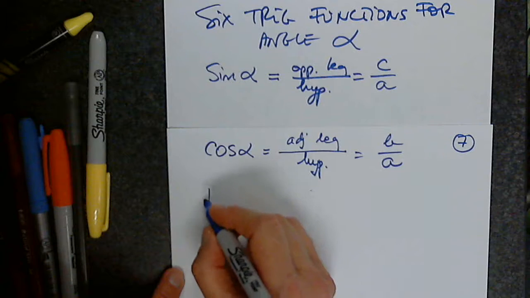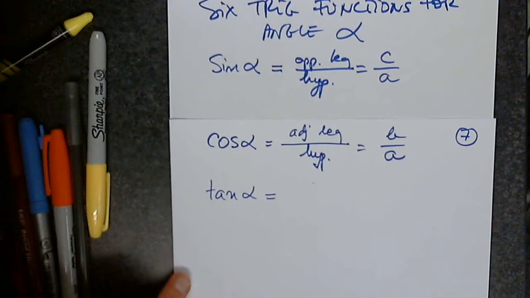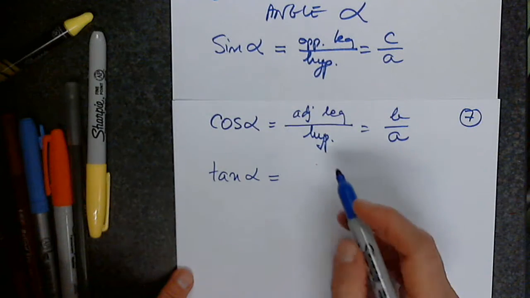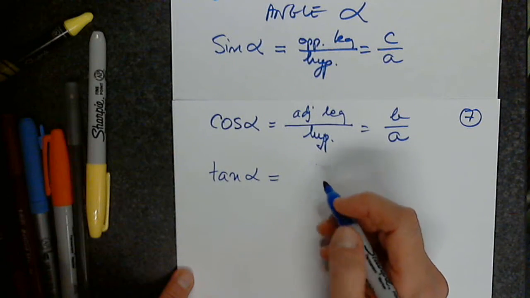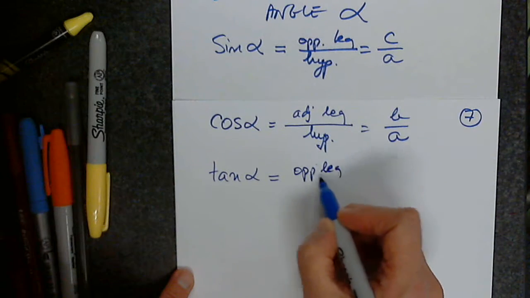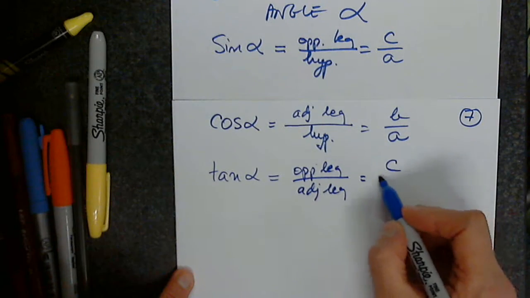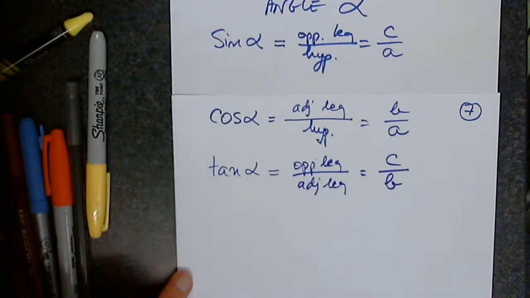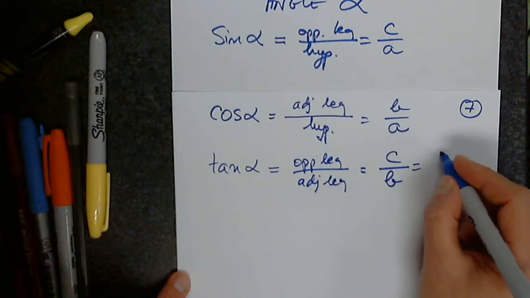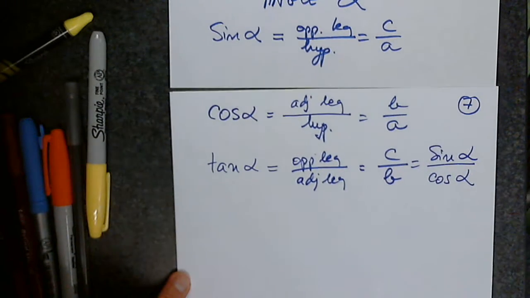The third function is tangent alpha, which is opposite leg over the adjacent leg, which is C divided by B. This is also sine alpha over cosine alpha.